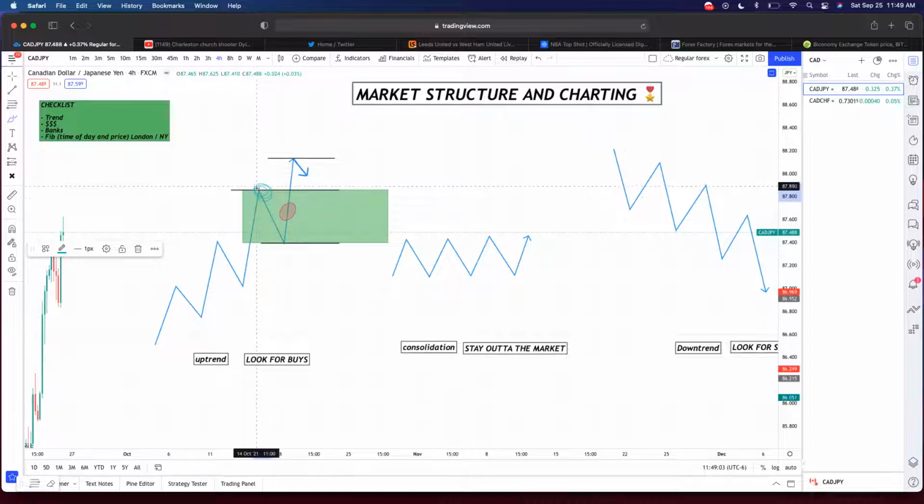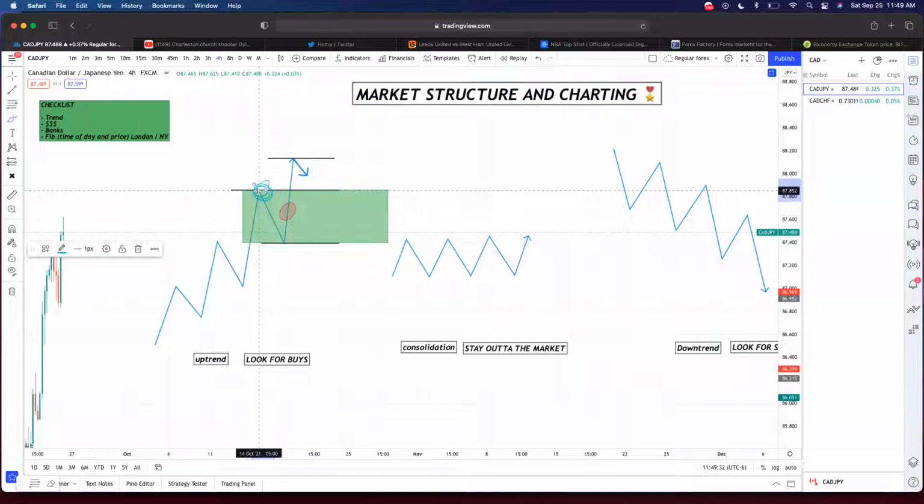Why? For retail trading patterns, what is this line here? What would you guys know this as? And why is this structure? Resistance, that is correct. No, that is not support, Marcel.